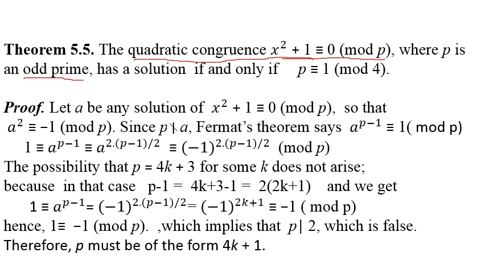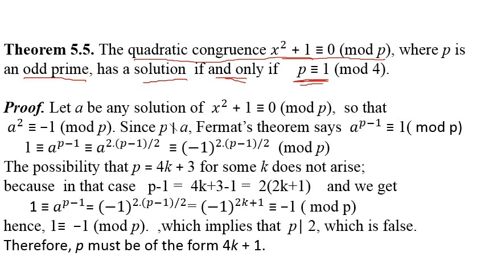We know that there is only one even prime, that is 2. We don't consider that case. Okay. When will we have a solution? That is, if and only if that odd prime p is of the type 4k plus 1, or p is congruent to 1 modulo 4.